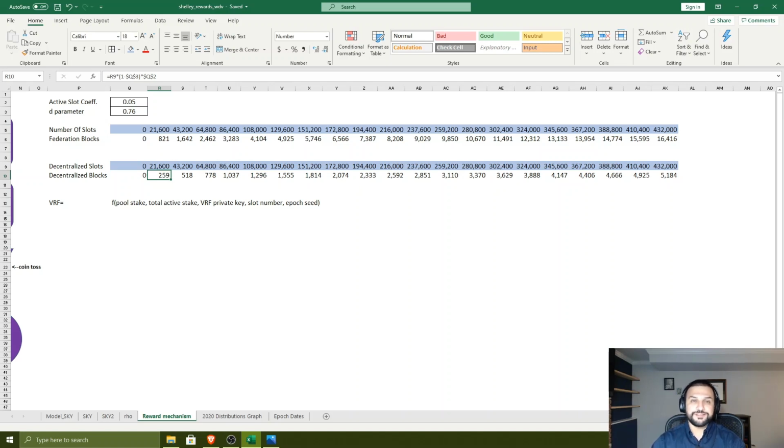And the probability of success in this particular case is on average equal to the pool's stake versus the total active stake. So on average, if its stake is stable, the pool's share of blocks is going to equal its share of stake in the total active stake.